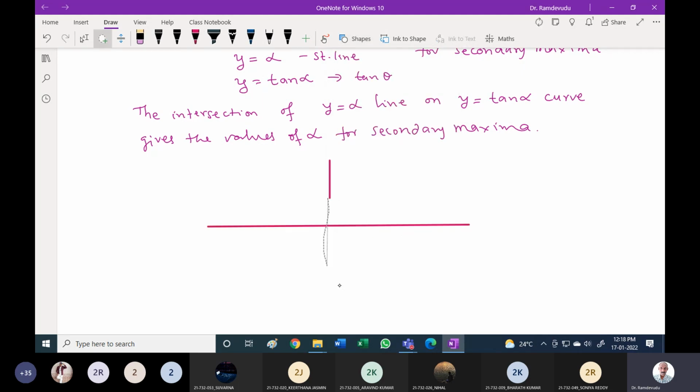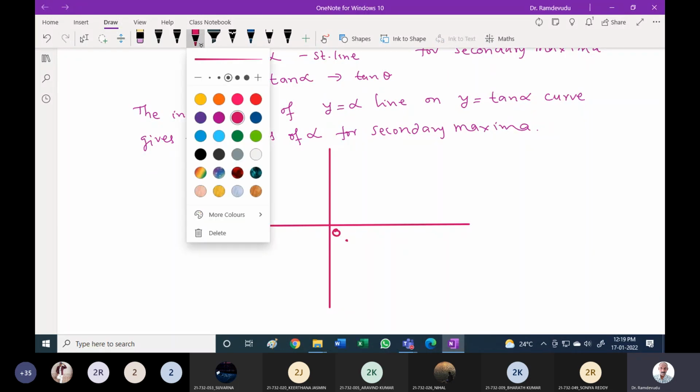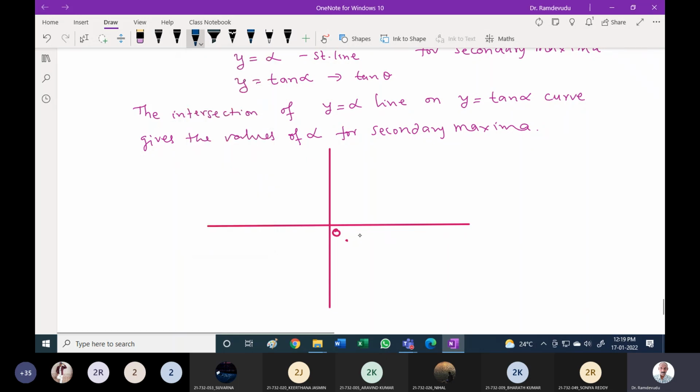Suppose this is now 0. Now I will add the lines for different values of alpha. Those values I'll take here.